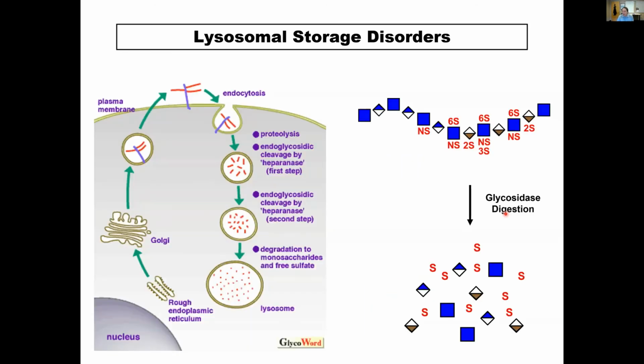And for the last little section, I just wanted to highlight that, as I mentioned before, there are also many lysosomal storage disorders where there are defects in the catabolism of glycosaminoglycans. Typically, cell surface GAGs are presented attached to their core proteoglycan protein on the cell surface.